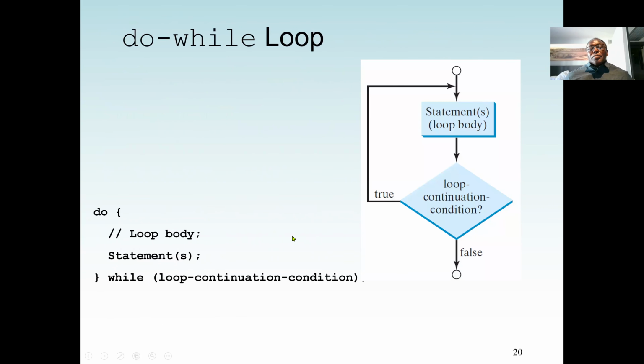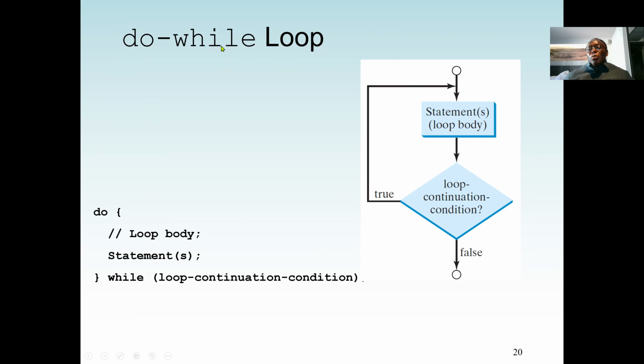Now the next is what we call the do-while loop. The difference between while loop and do-while loop is that, as we saw in the while loop, the condition is tested first before the statements in the loop will execute. So we test a condition, the condition is true, we execute the statement inside the loop.